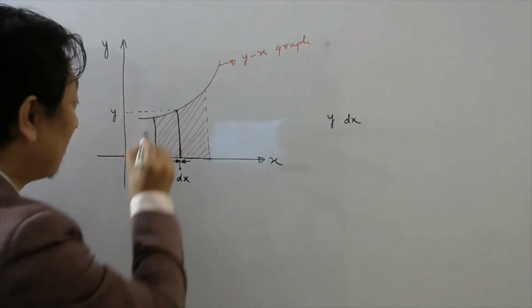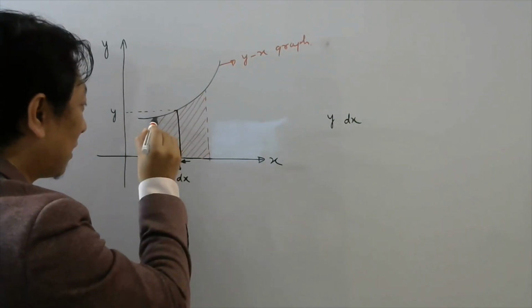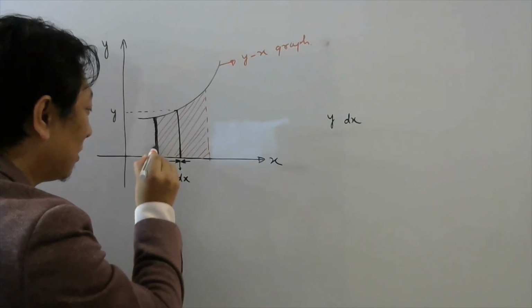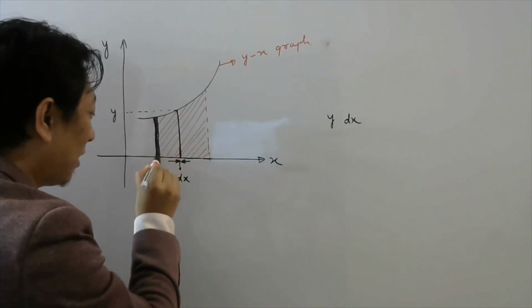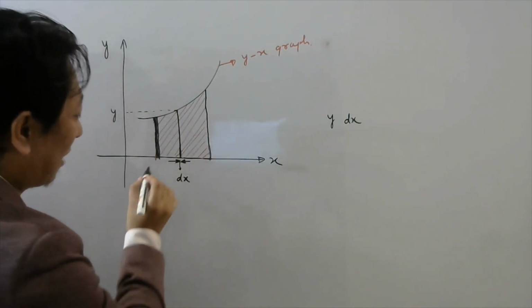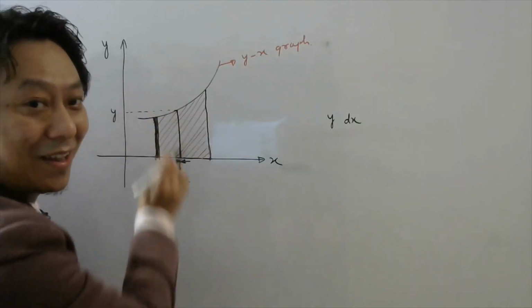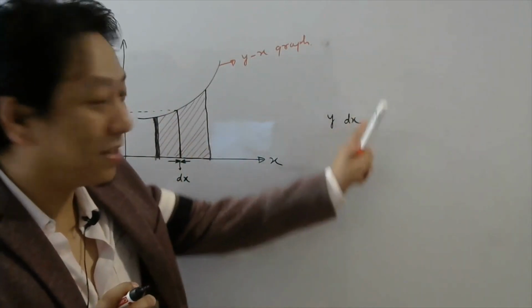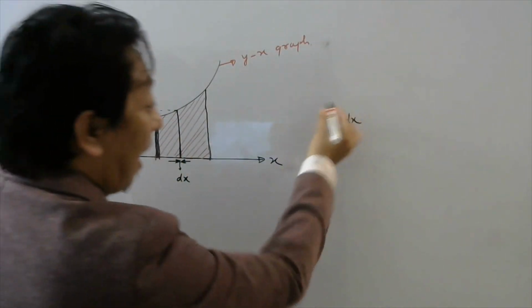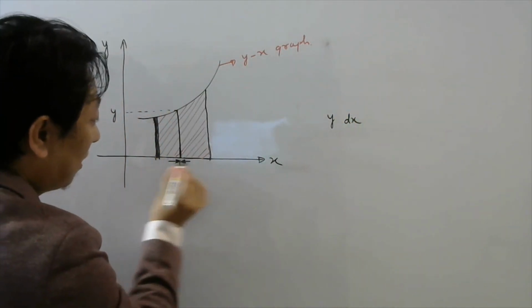Starting from here, then you go to the next rectangle, then the next rectangle, then the next rectangle, and that way till you reach this rectangle, right? So as I go from this point to this point, I have to find the area of each rectangle using this formula, and then I will add the area of each rectangle from here to here.